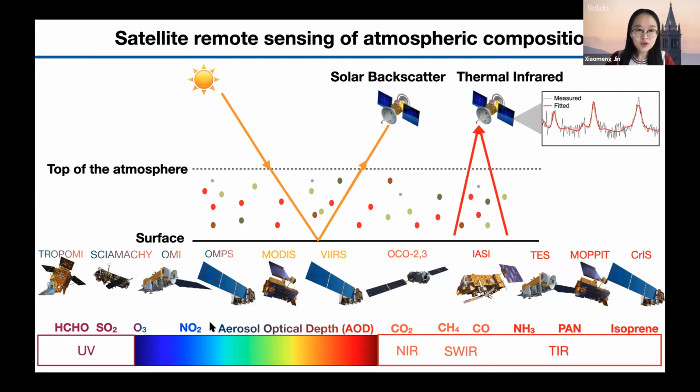Some, like NO2, absorb visible light. Others, like CO2, methane, CO, have stronger spectral signatures at near infrared to thermal bands. So the retrieval of these trace gases is essentially an inverse radiative transfer problem, which solves the composition of these trace gases that can best match the measured spectral signatures from satellite instruments.